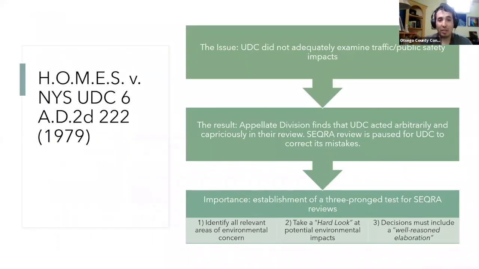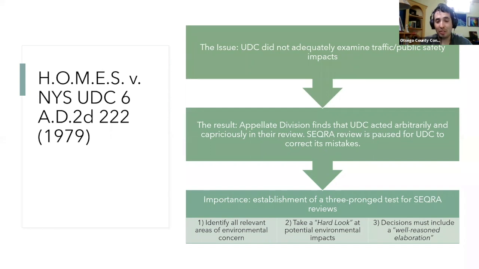The issue here was that the landowners made the Urban Development Corporation thoroughly aware that there would be extreme traffic and public safety impacts associated with the proposed project. However, while they were aware that that was an issue, they did not think that it rose to the level of significance necessary to require the developer to prepare an environmental impact statement.